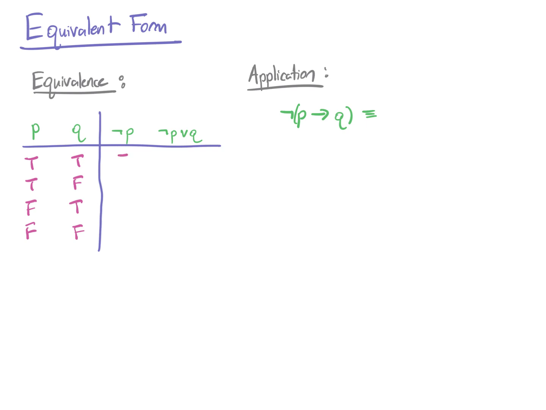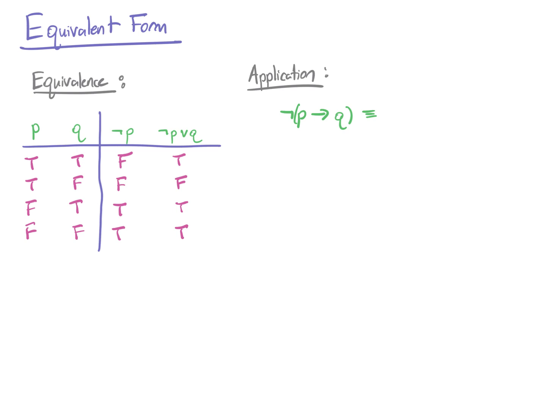If P is true, then not P is false. If P is false, then not P is true. Then, not P or Q: if either of not P or Q is true, then not P or Q is true.